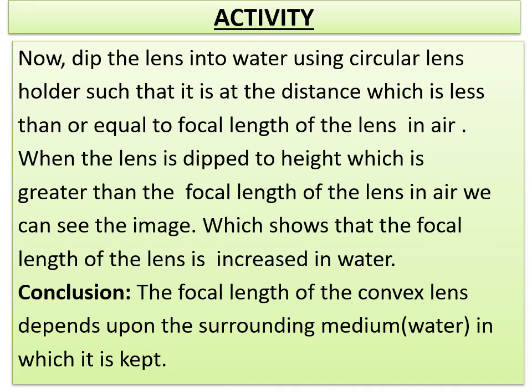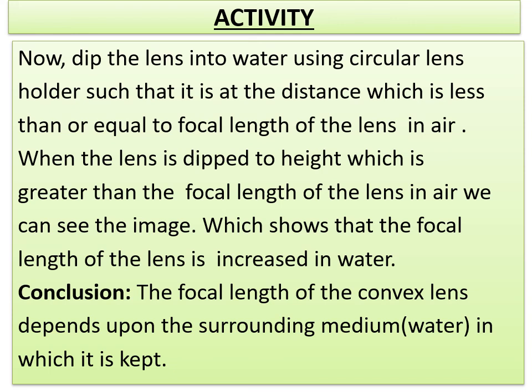Now dip the lens into the water using the circular lens holder such that it is at a distance less than or equal to the focal length of the lens in air. Now see through the lens to get the image of the stone. Now increase the height of the lens till you are not able to see the stone image.